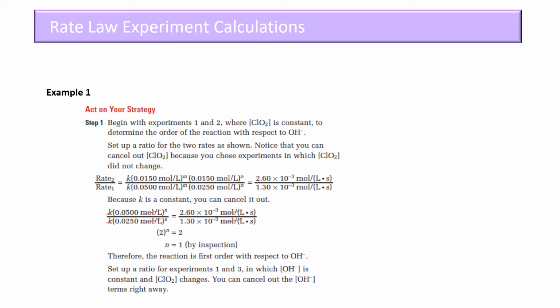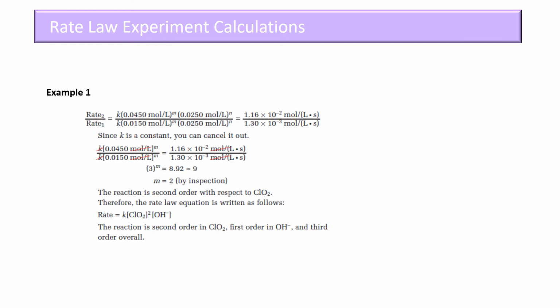You will see that you can cancel out the concentration of the OH minus terms right away. And from that, we will get that 3^M is equal to 8.92, which is 9. So M is equal to 2. So the reaction is second order with respect to ClO2.